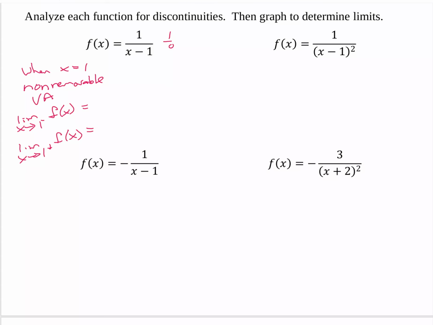So 0.9 is good, or 0.99 or 0.999. The closer and closer we get, the bigger and bigger the result is going to be. So 0.9 would be on the negative side of 1.